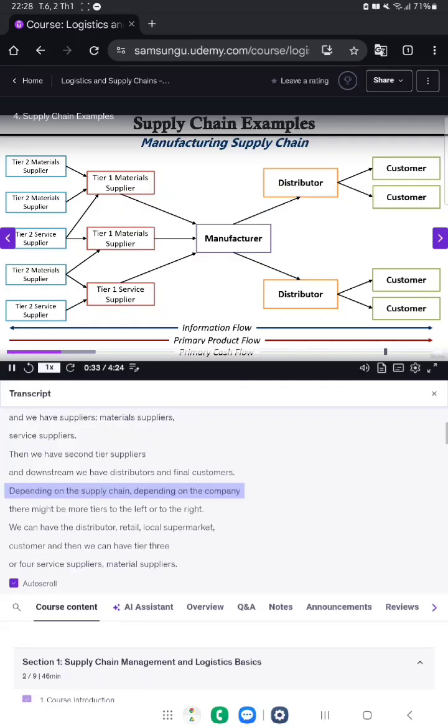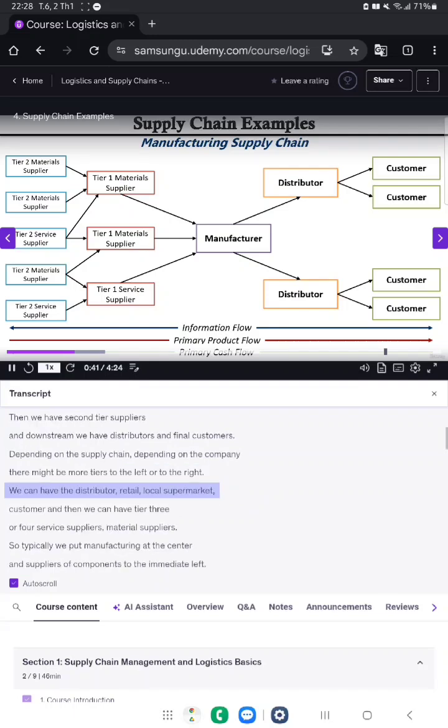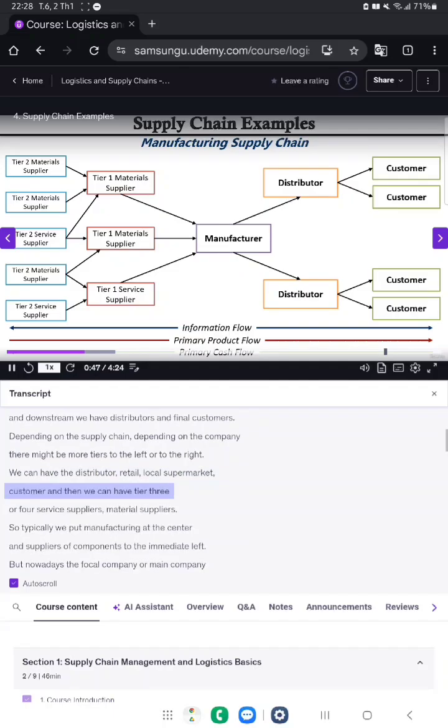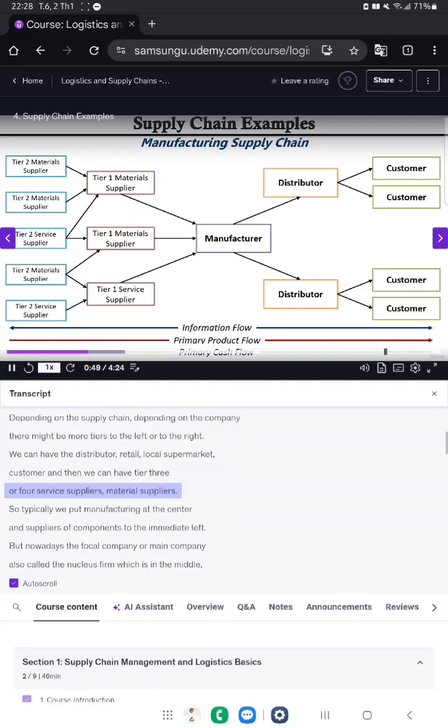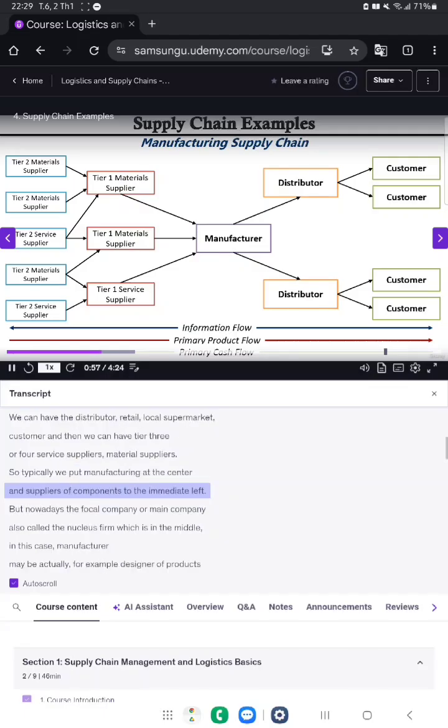Depending on the supply chain, depending on the company, there might be more tiers to the left or to the right. We can have the distributor, retail, local supermarket, customer, and then we can have tier 3 or 4 service suppliers, material suppliers. So typically we put manufacturing at the center and suppliers of components to the immediate left.